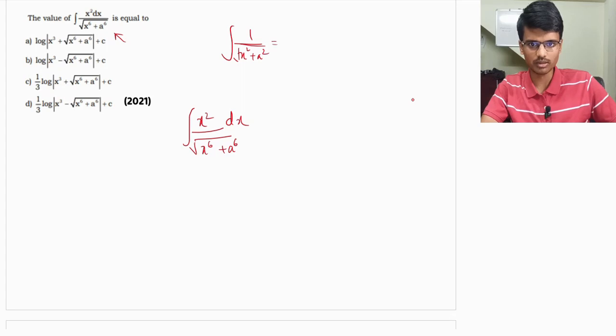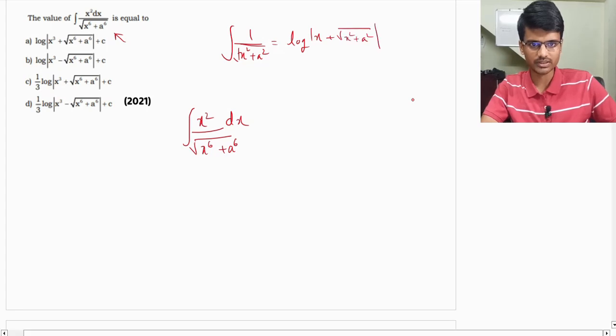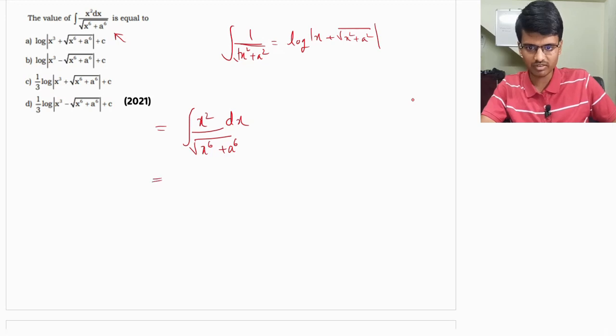What is the formula? Log of x plus root of x square plus a square. This is our standard formula. So we have to make some simplification so that this becomes in this form.